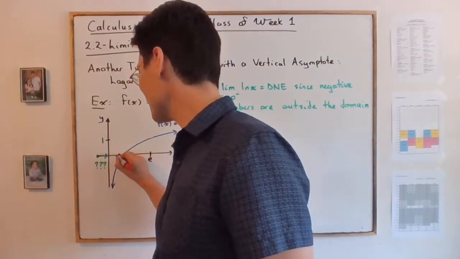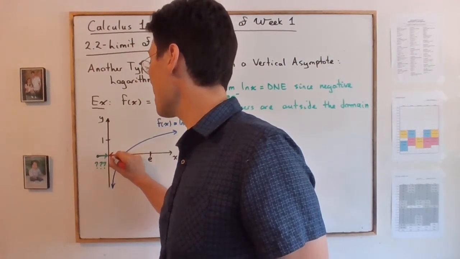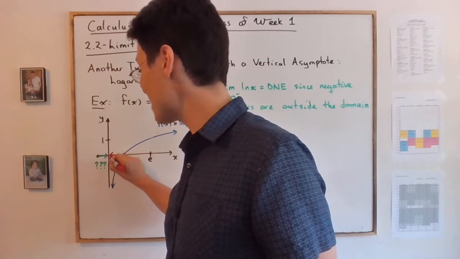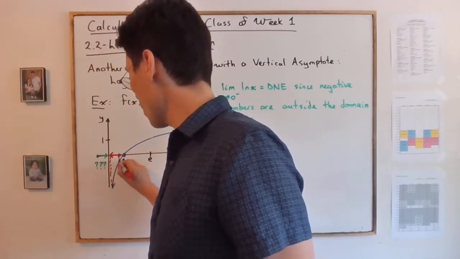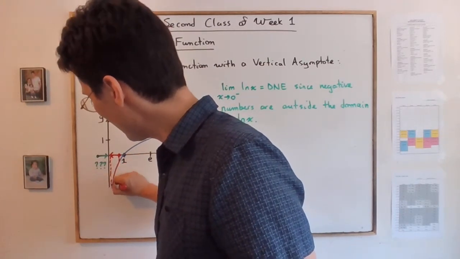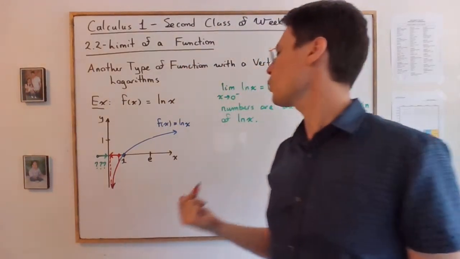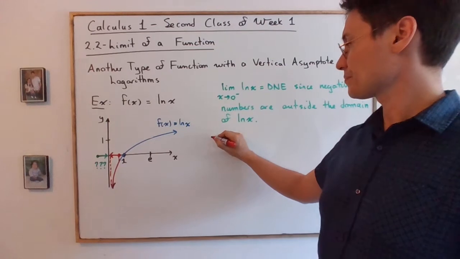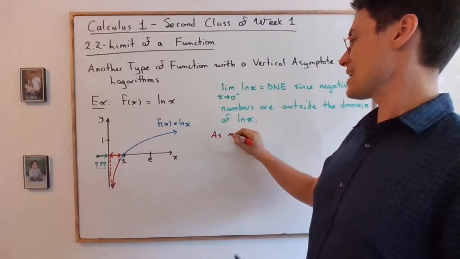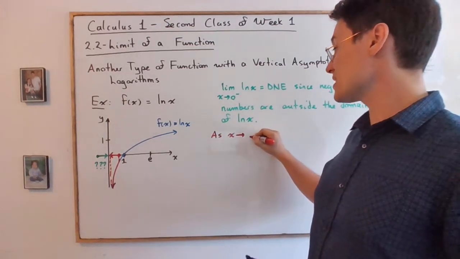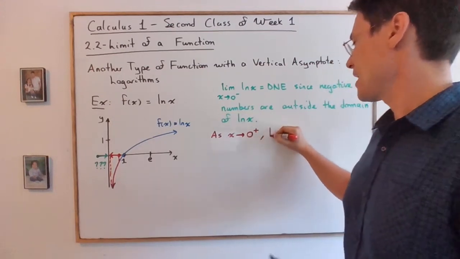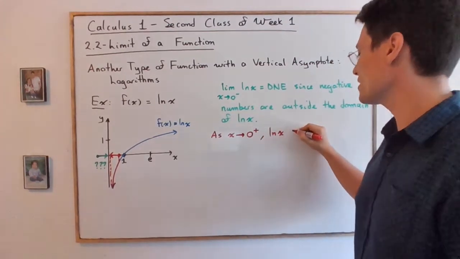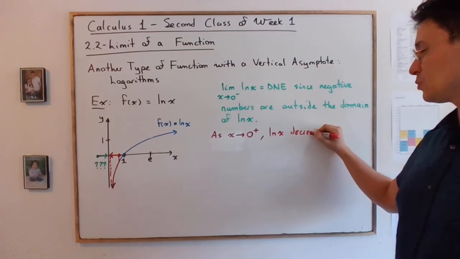However, you can take the limit from above. So you do as usual: you look at the curve. What is the curve doing? It is sinking without bounds. As x is approaching 0 from above, the logarithmic function decreases without bound.